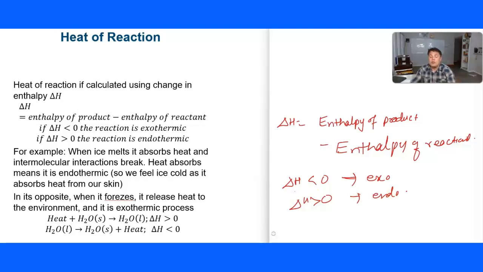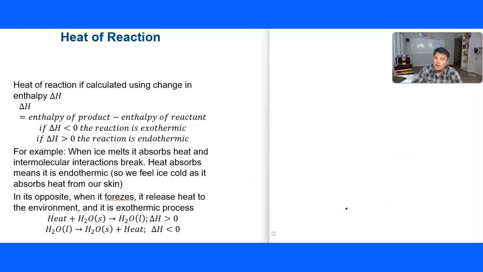So for example, for endothermic and exothermic, how do you write? For example, H2O gas, meaning steam, converts into H2O liquid, right?